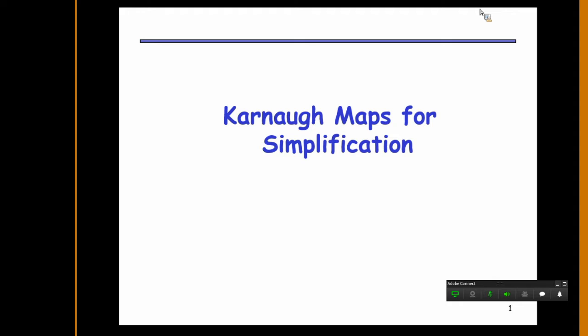To implement a function using two level simplification with a minimum number of logical gates, we have to minimize the functions. Now this is one method of converting your Boolean functions into minimal form.